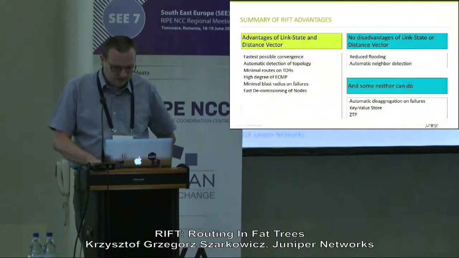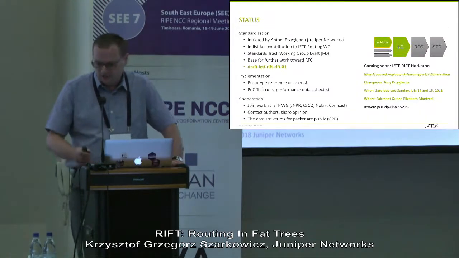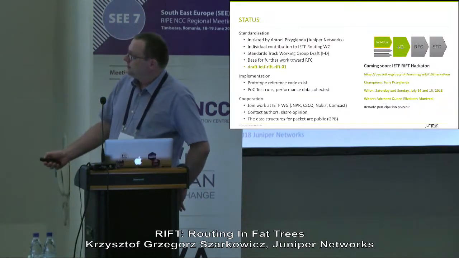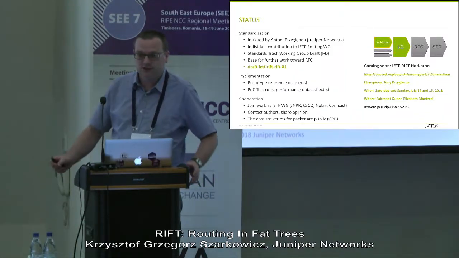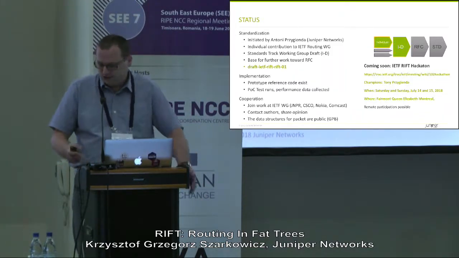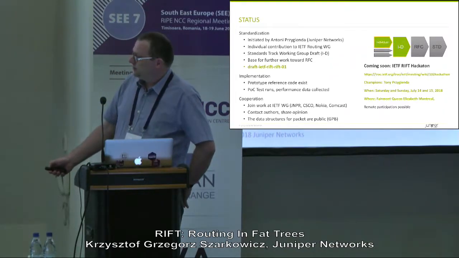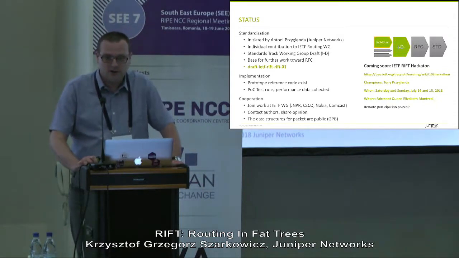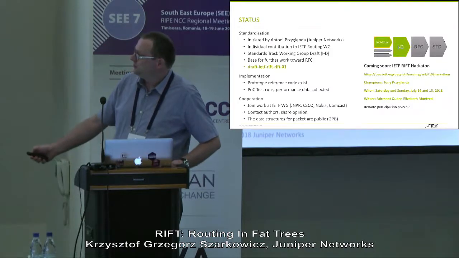And in summary, let's discuss the current standardization status. At the moment, Rift is an IETF working group draft. So it's not a Juniper-only draft, so to say. There is big support from different vendors. As you see, Juniper and Cisco are co-authoring this draft at the moment, and the working group lead is from Nokia.